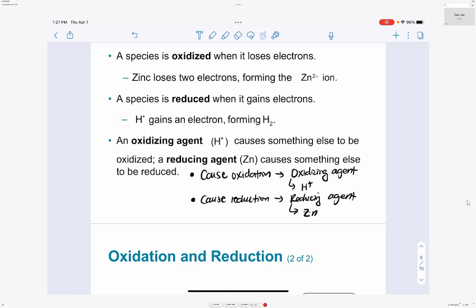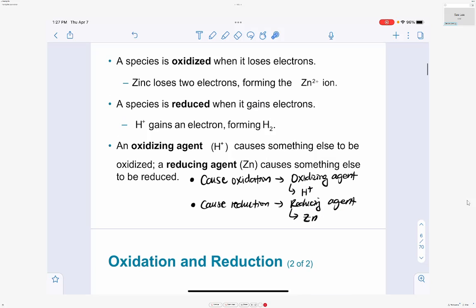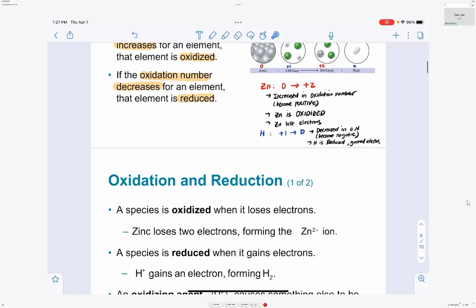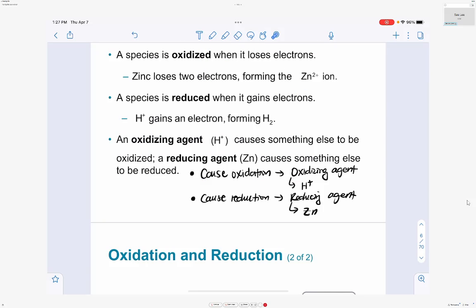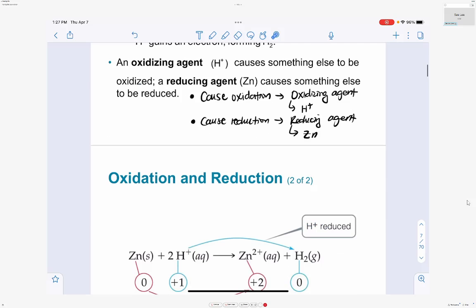The oxidizing agent itself will be reduced. The reducing agent itself, the zinc, will be oxidized. This causes another element to become oxidized. This causes another element to become reduced. Be sure to be able to distinguish the terminology.